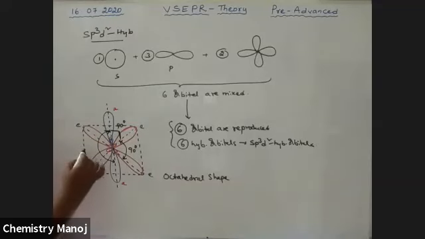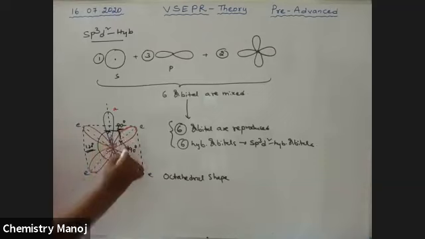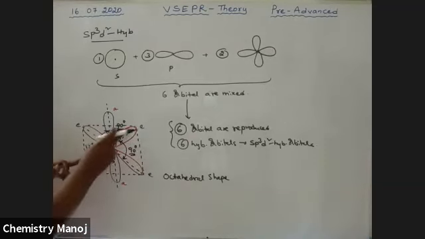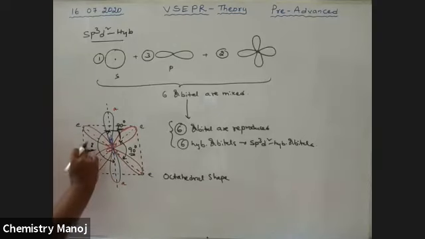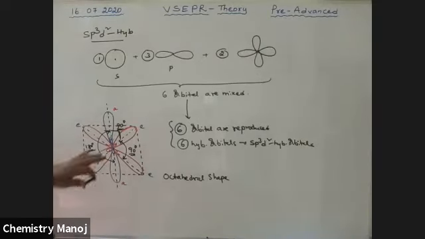Between axial and axial, it is 180 degrees. So this is the octahedral shape. Whenever a molecule is involved in sp3d2 hybridization, it is arranged octahedrally.